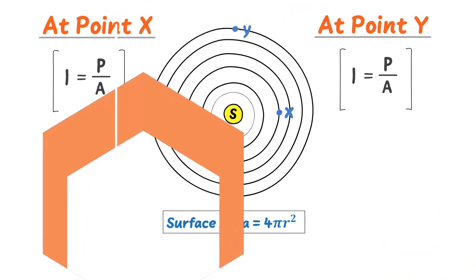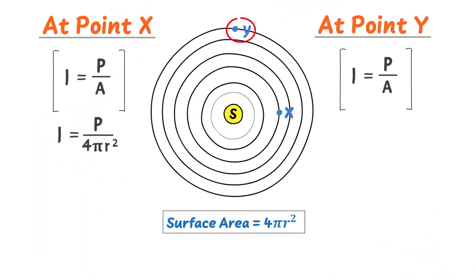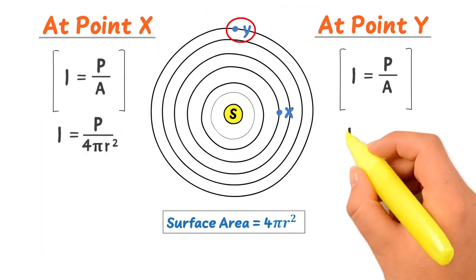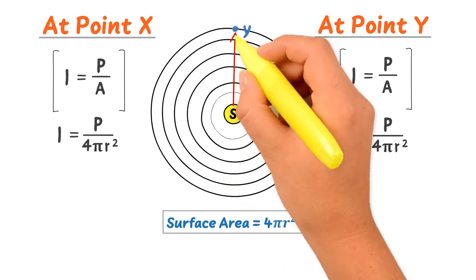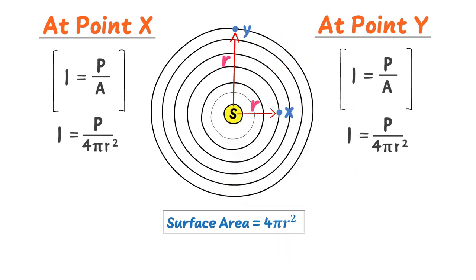Also, the equation of sound intensity at point Y can be written as I is equal to P divided by 4 pi r squared. The distance of point X from the source is r, and the distance of point Y from the source is also r.